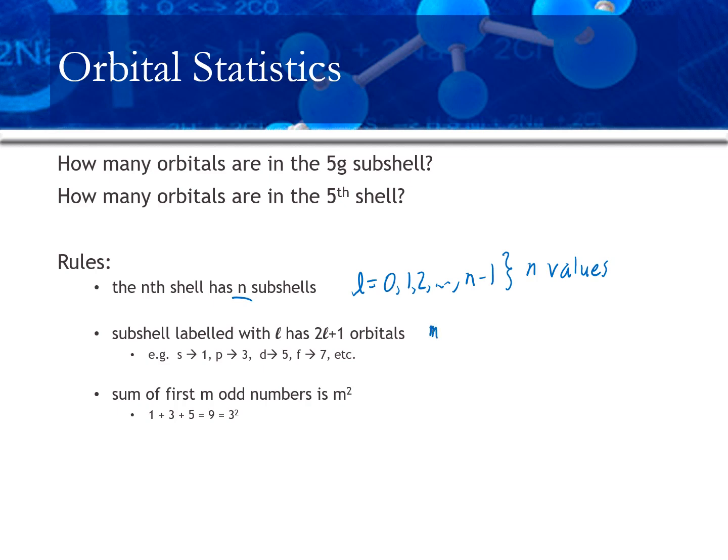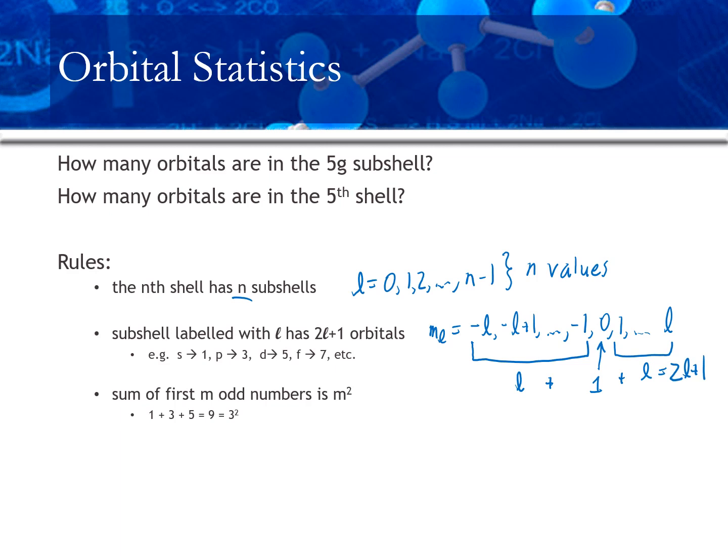Remember, m sub L, if L is given, ranges from minus L, all the way up through minus 1, 0, 1, up to L. This set of negative values, there's L of them, namely minus 1 through minus L. There's L positive values, and there's 0, so L plus 1 plus L. That's where the 2L plus 1 comes from. Each different value of m sub L corresponds to a different orbital in that subshell.